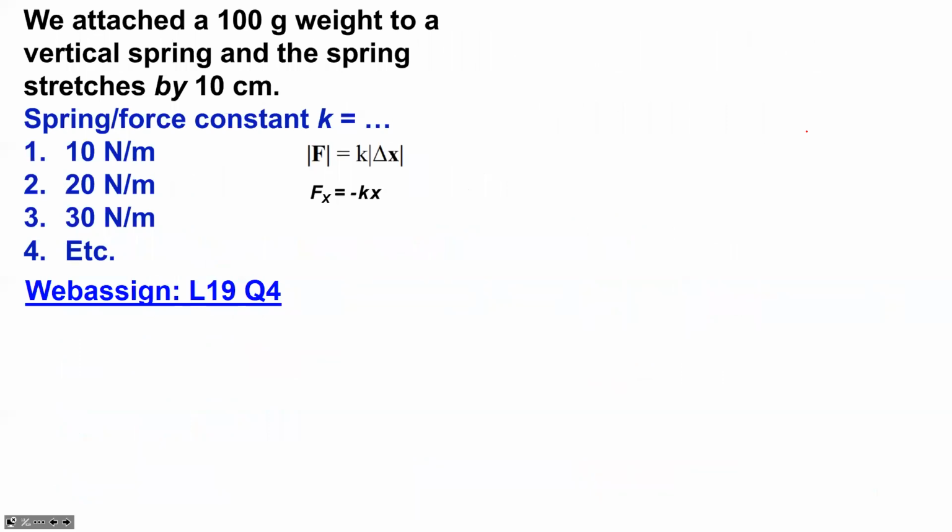That's what everybody should be doing right now. I'm going to give you some time and draw my picture as well. This is a review. We did it before. We had a spring. I placed it on a table, and at first, nothing was attached to it. Then, we added a weight to it, and the weight stretched the spring by a certain amount.